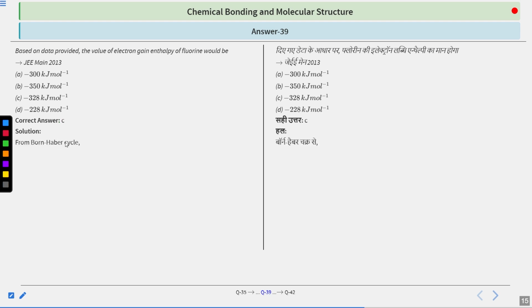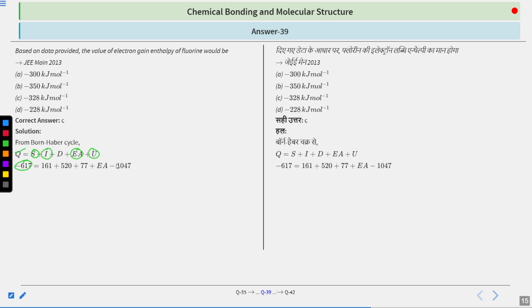Now, from the Born-Haber cycle, we know that Q, that is your total energy, is S plus I, D, E, and U. Okay, we'll see them. What are they? If you put all these values, your Born lattice enthalpy, that is Q, it is sublimation, ionization, electron affinity.